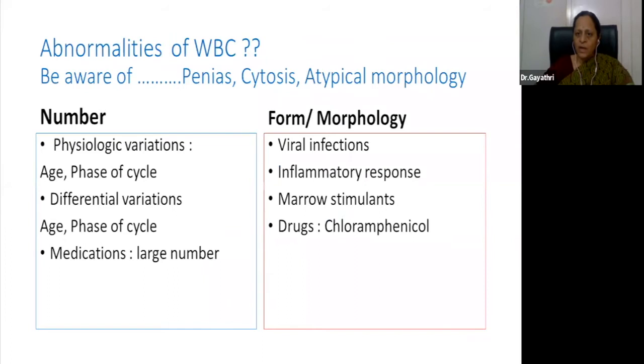Before we look at abnormalities and learn more about them, we should be very aware of what is normal about WBCs. There could be abnormalities relating to the number, that is, leukopenia or leukocytosis. Now, what is a normal leukocyte count for every age and stage of life differs, as you know by now.